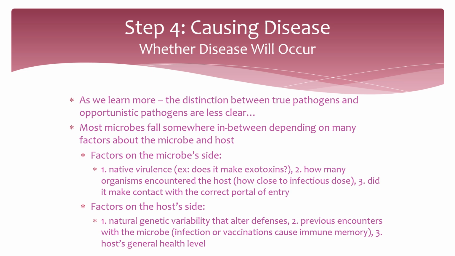However, we're kind of realizing that maybe the lines might be a little bit more blurred as far as those distinctions go, because it's not as clear cut as it could be, because there's so many factors about virulence, as well as our immune system response. So essentially what we're getting at here when it comes to pathogens that cause disease or whether disease will occur, it's all a lot more complicated than we previously thought.